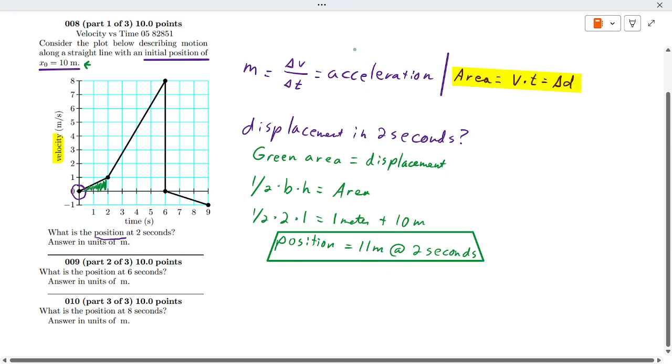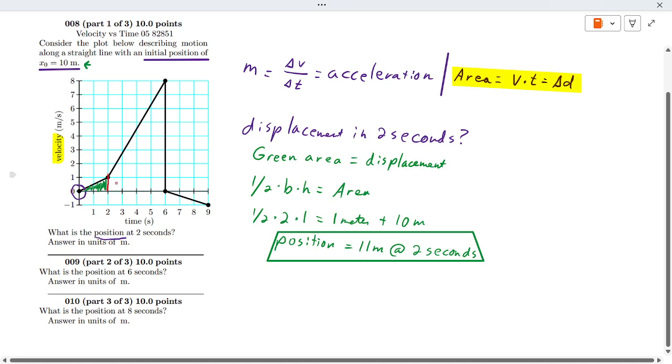At this point, let's switch to a red pen and talk about number 9. Number 9 says, what is the position at 6 seconds? Well, at 2 seconds it was 11 meters. So we really just need to know how far it goes between 2 seconds and 6 seconds.